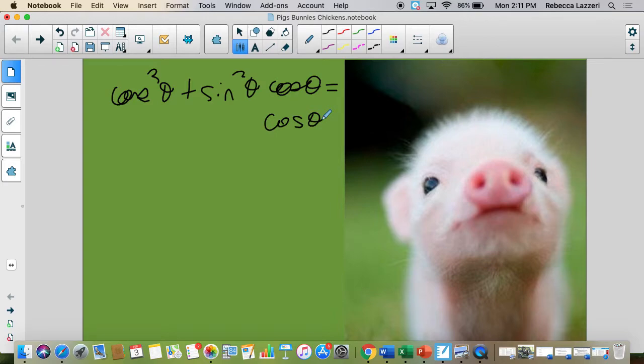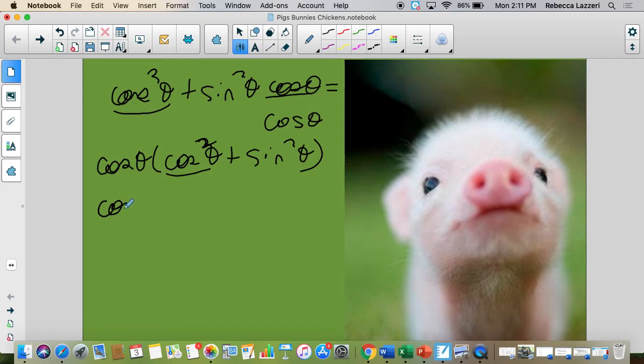I'm going to factor out cosine. So it gives me cosine theta. Hopefully a lot of y'all got this. That leaves me cosine squared theta. If I take a cosine out of this, it leaves me cosine squared. And if I take a cosine out of this, it leaves me sine squared. And you should by now know what cosine squared plus sine squared is. What's that? 1. And so cosine theta times 1 is cosine theta. Done.